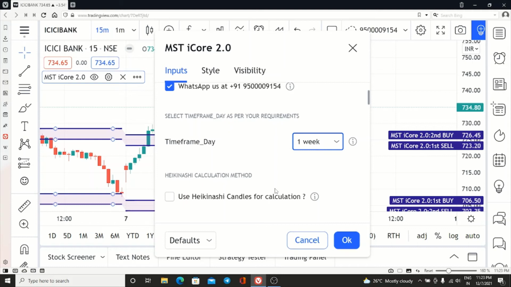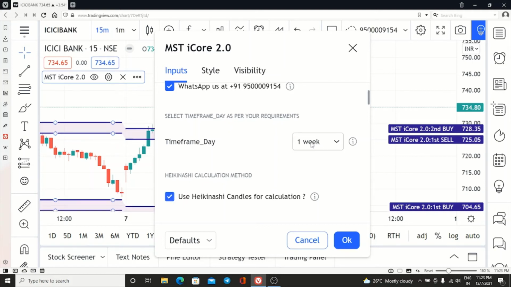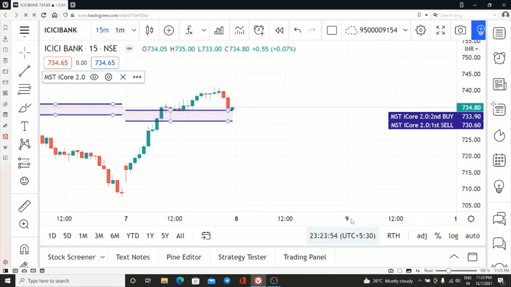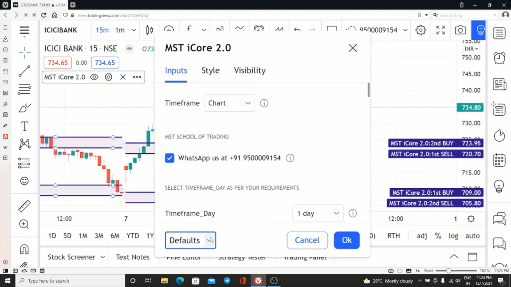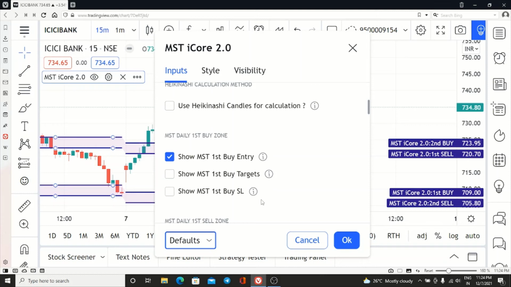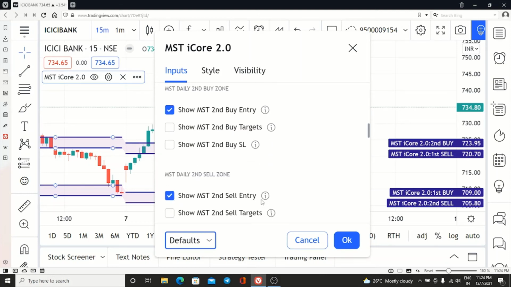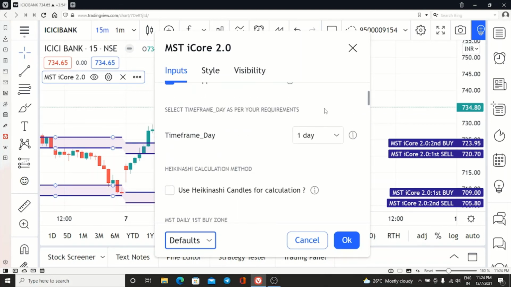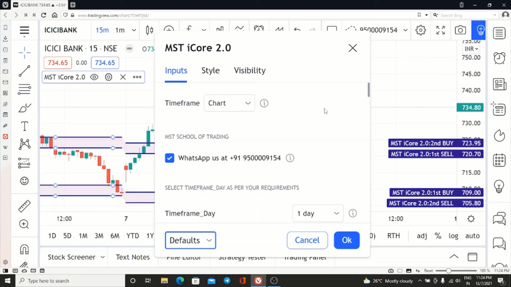Then weekly time frame with Heikin. Then monthly time frame without Heikin-Ashi, and monthly time frame with Heikin-Ashi. So any time frame you can follow. By default, 1 day. Keeping in Heikin-Ashi calculation, weekly calculation, monthly calculation are extra trades. So as per the indicator, by default, 1 day only that you have to keep.